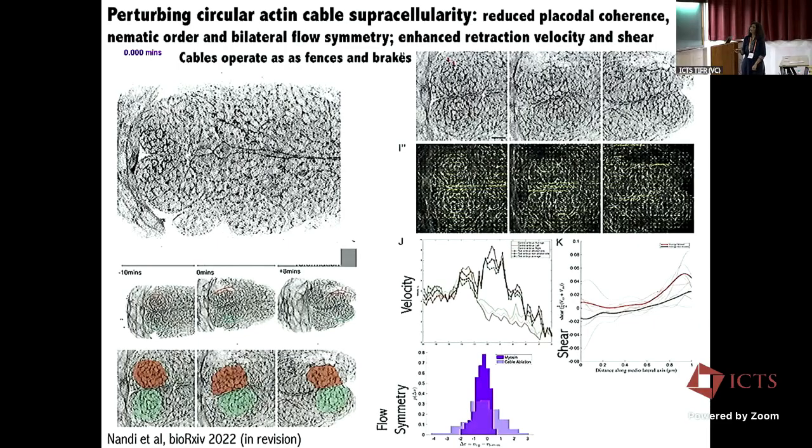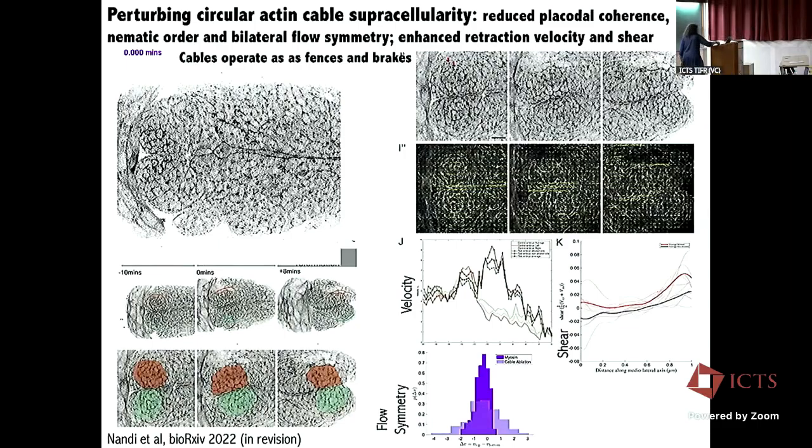So basically, if we perturb the supracellularity of the cable, we don't have coherence in this radially organized structure. We lose nematic order. We reduce bilateral flow symmetry. But we enhance retraction velocity and shear propensity.